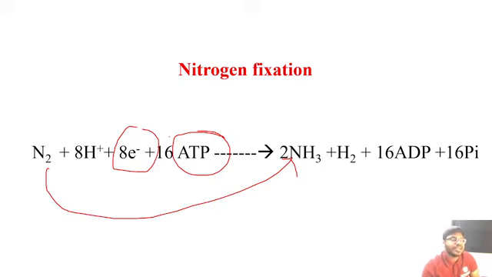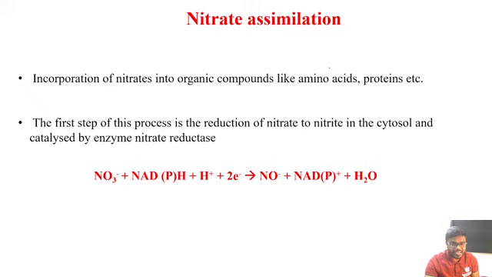And if you quickly recall, we can get a statement, even asked in the exam: nitrogen fixation is a highly energy consuming process, which is an absolutely true statement. When compared to all other processes, we have to spend more energy in nitrogen fixation. So friends, this is what we studied in the last class.